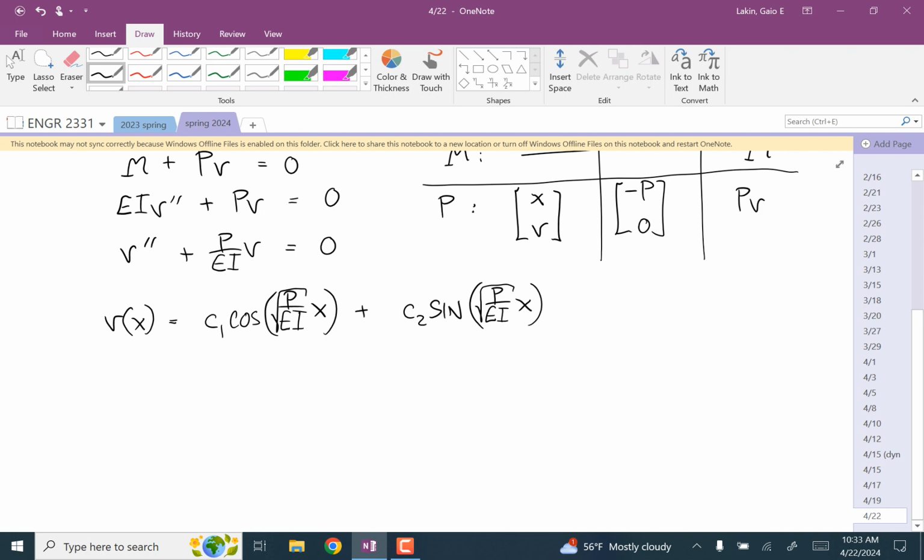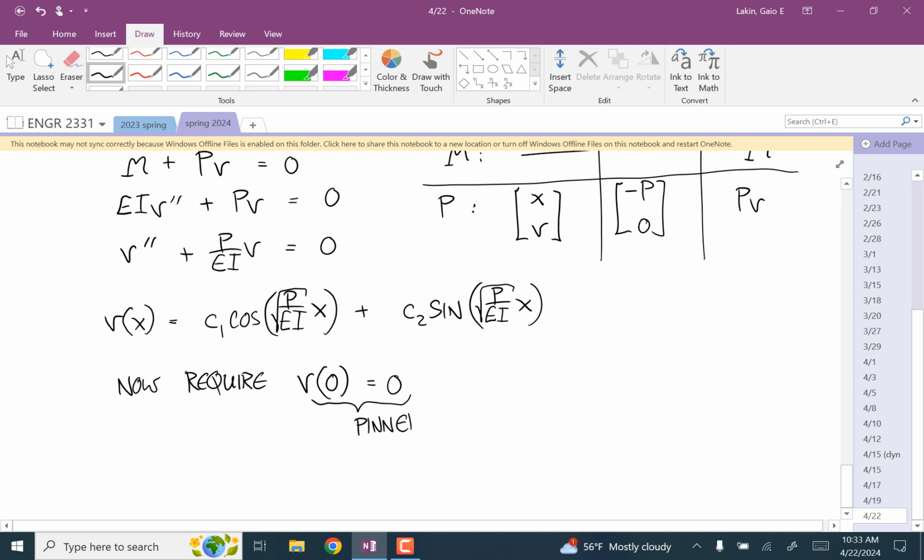Now we are going to require that the deflection at x equals 0 is 0. This is the requirement that it's pinned at the base.